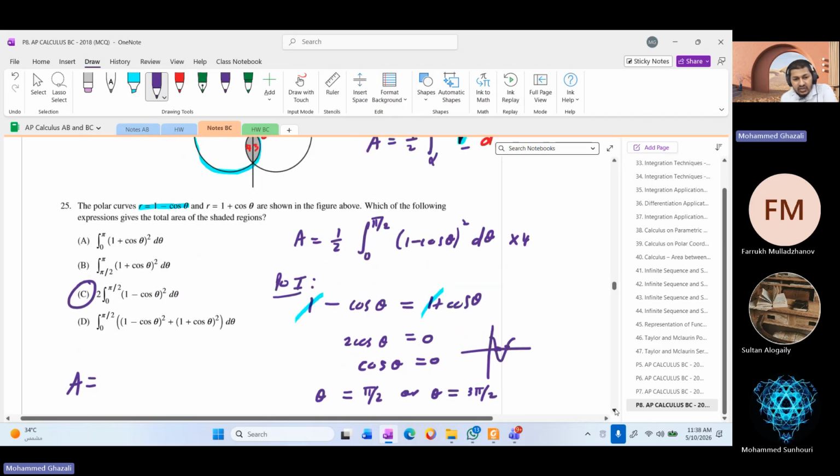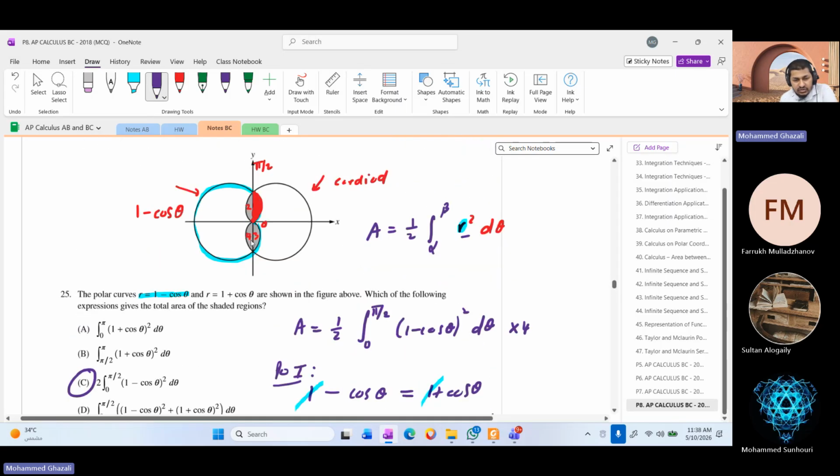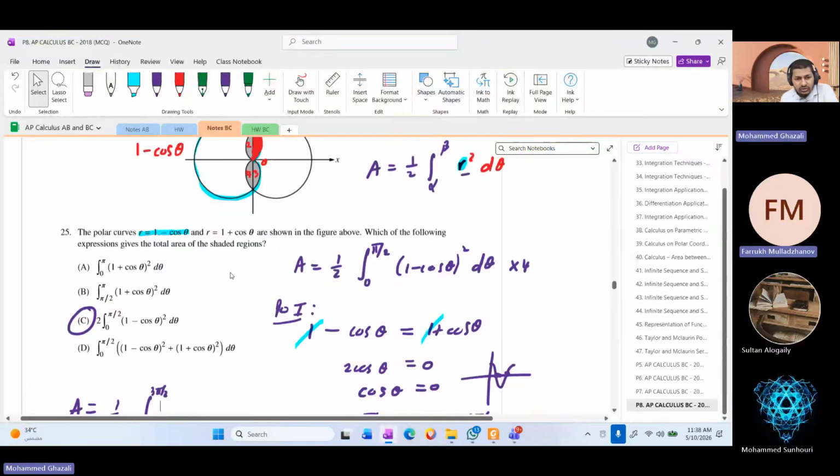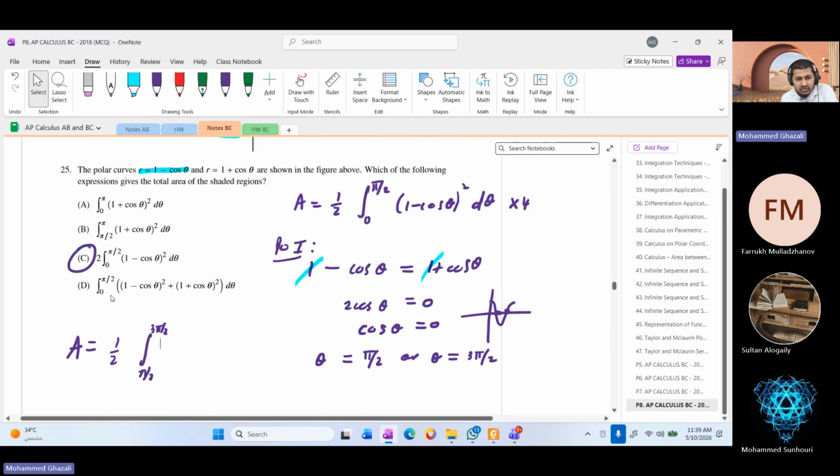So let's see. You can say half integral from pi by 2 to 3 pi by 2, r in minus r out. It doesn't matter which one you choose, right? So we're going to take in minus out from here. So now we're integrating over this boundary. I want you to put this on the calculator and give me an answer here. In both cases, it's going to be 1 minus cos theta all squared minus 1 plus cos theta all squared d theta.